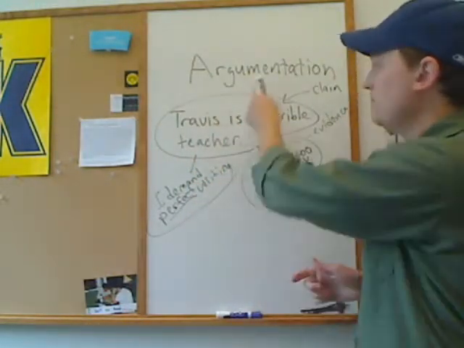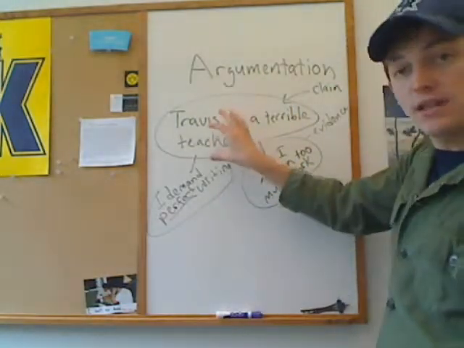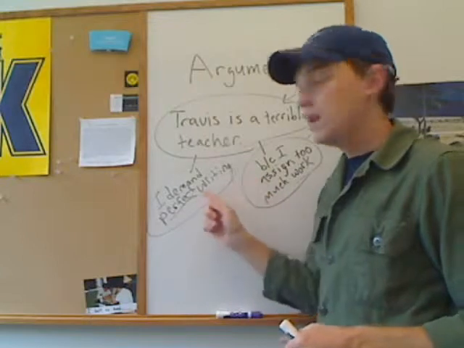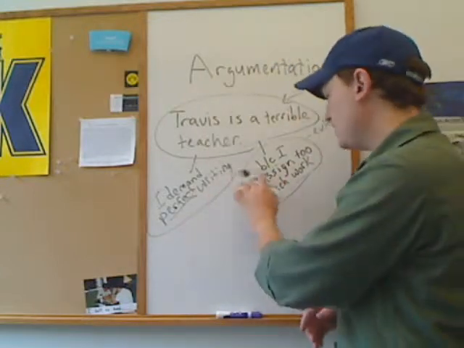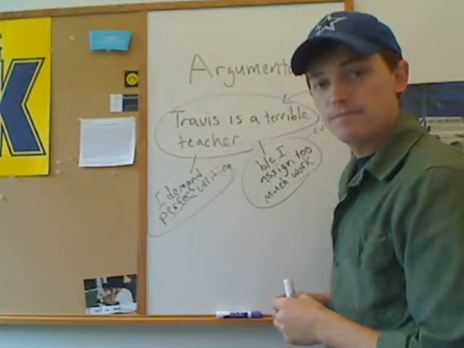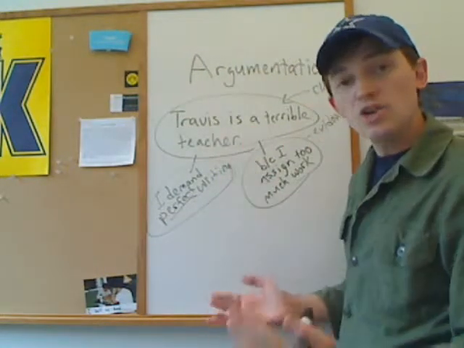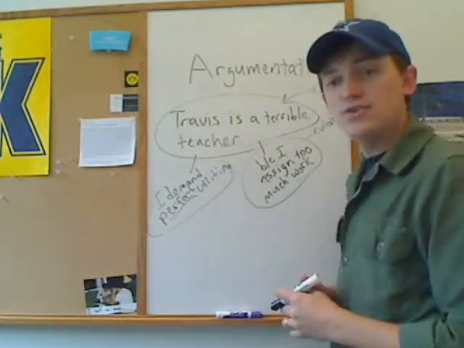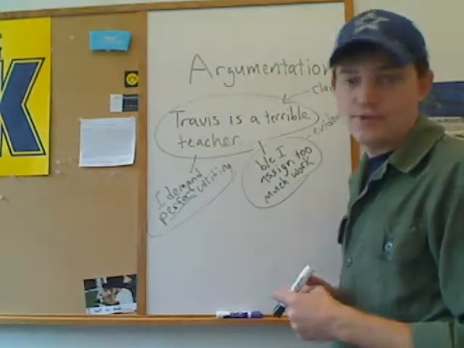So argumentation in writing is when you make a claim and you're supporting it with pieces of evidence like this. Now again, the stronger the evidence is, the more supported your claim is going to be. Now, we do this in logical ways when we're using our claim and evidence in valid ways.